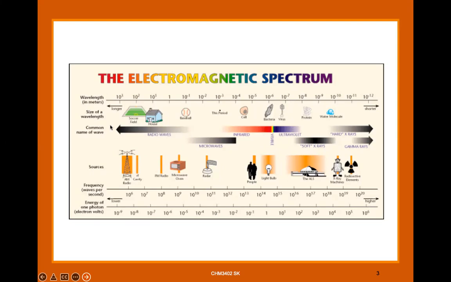This is lower energy and this is higher energy. So this one is shorter wavelength, this one longer wavelength. But you can also view the spectrum the other way around sometimes. You just have to check whether they are starting from the positive scale to the negative scale.